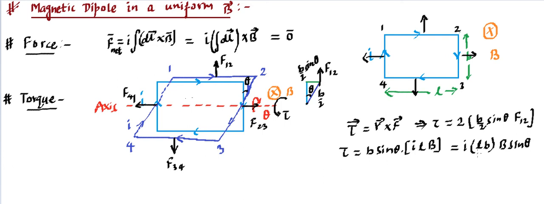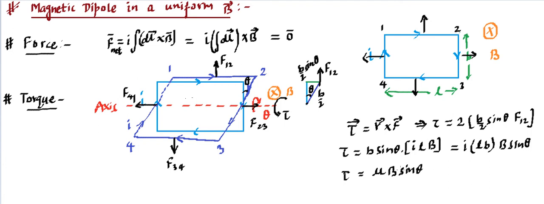If you look carefully, this L into B is the area of the loop, and I is the current running through it, and we have considered one single loop. So that means this is the magnitude of the dipole moment. So we can say torque is equal to mu into B into sine theta.